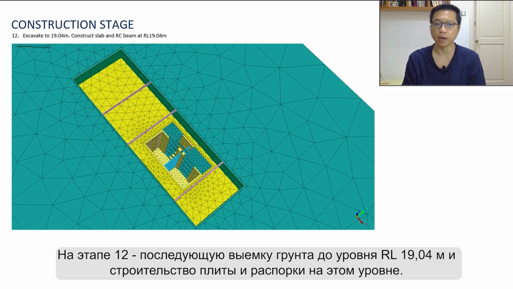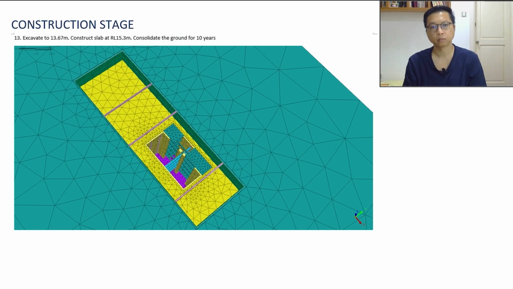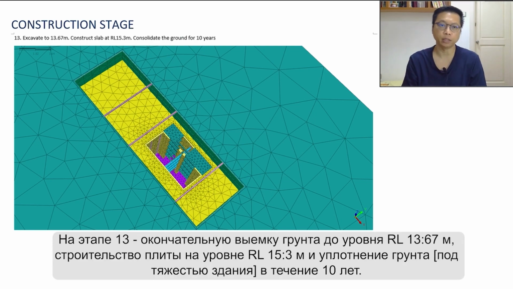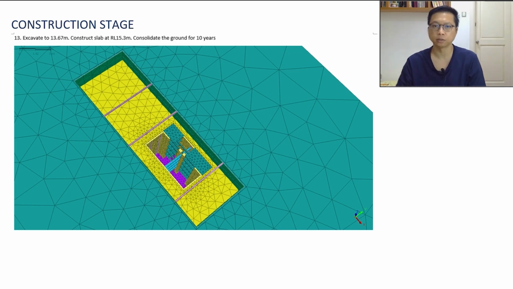Stage 12, excavate down to RL 19.04 and construct slab and RC beam at RL 19.04 meters. Stage 13, excavate to final excavation level down to 13.67 meters and construct base slab at RL 15.3, and we consolidate the ground for 10 years.